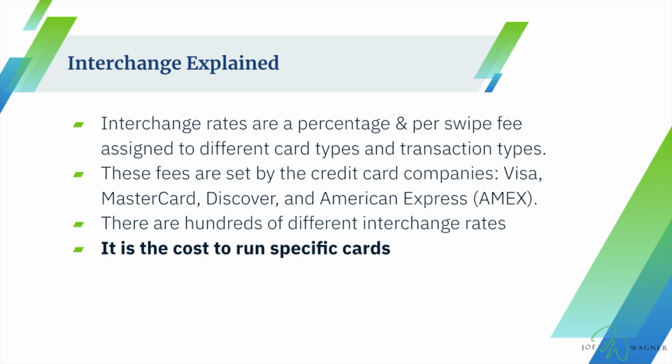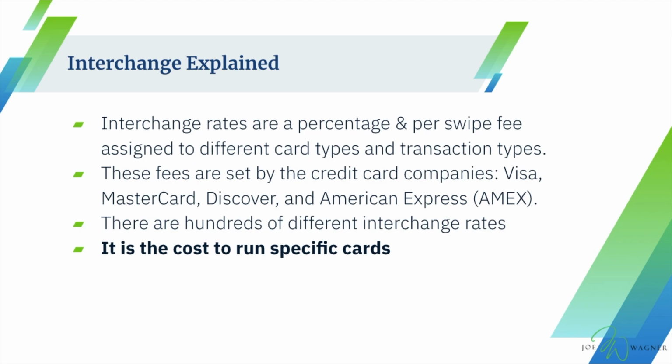Okay, so here's where it gets complicated. For every different type of card out there, whether it's a debit card or credit card, whether it has rewards or doesn't have rewards, whether you swiped the credit card, inserted the chip, or gave it to someone over the phone and they manually keyed it in, all of those things play a role in what Visa and MasterCard and these companies say the interchange is going to be. So again, imagine how many different types of credit cards are out there with different companies and the different rewards. On top of that, think about all the different ways that a credit card can be ran.